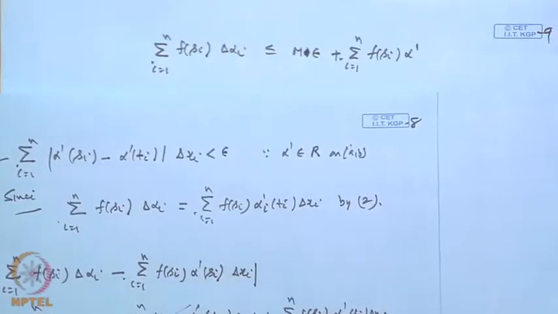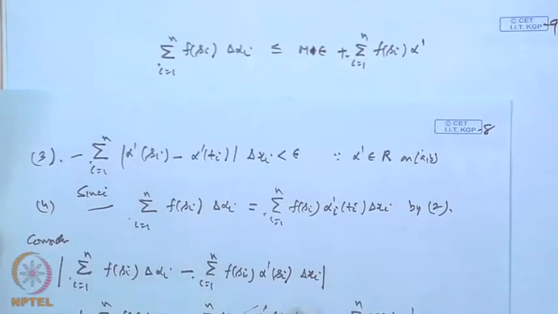So, minus this part is less than epsilon, and this thing is less than or equal to this plus this.